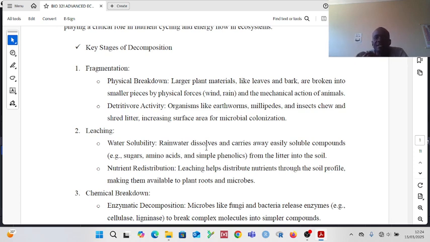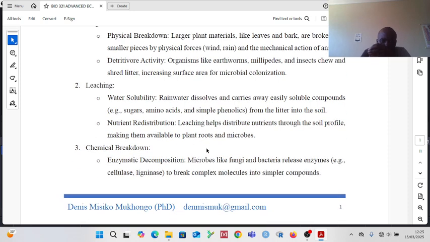When they do that, they increase the surface area. As we break it down into smaller pieces, we are increasing the surface area for microorganisms to colonize, for microorganisms to come and attack these smaller pieces. The second stage is leaching.